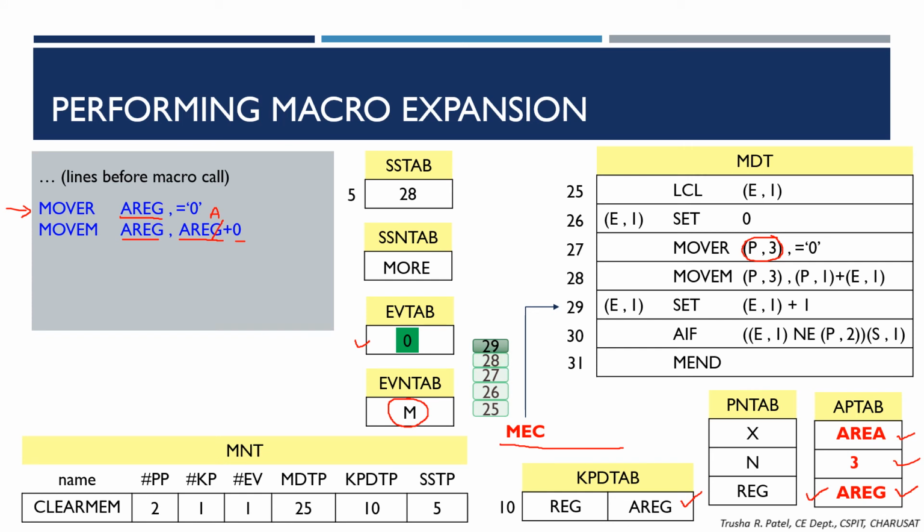Now the next instruction is SET expansion time variable 1 plus 1. So the value of M will be incremented by 1 and it will become 1.